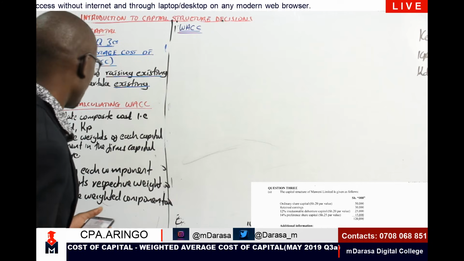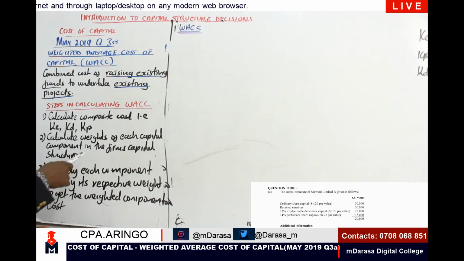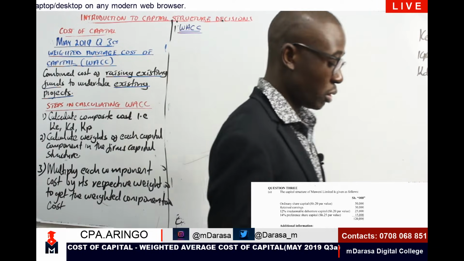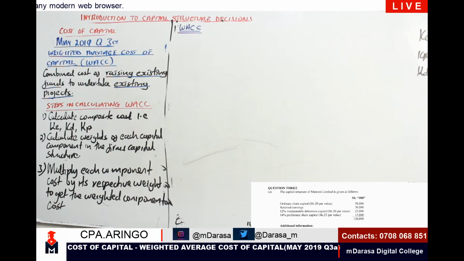Then we need to calculate the weights of each capital component in the firm's capital structure. And we've said that in calculating our weights, we'll be using the market value. So that will be simple.